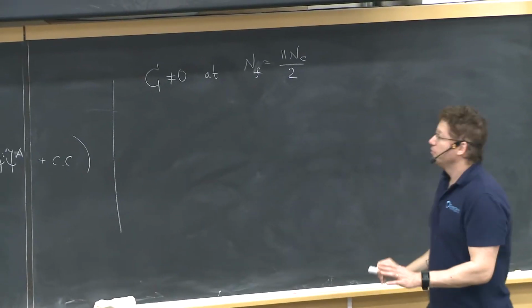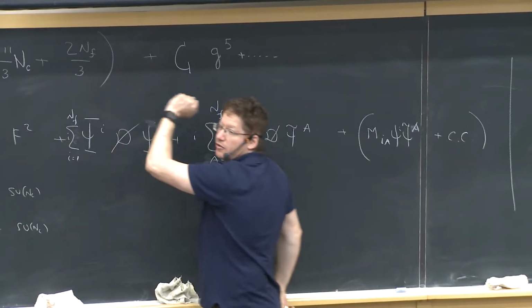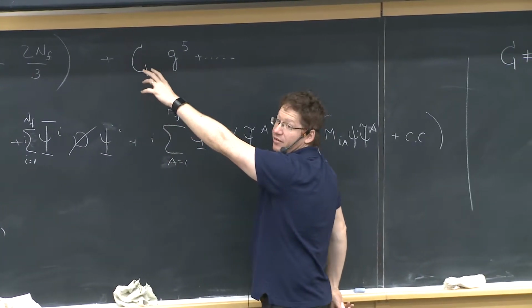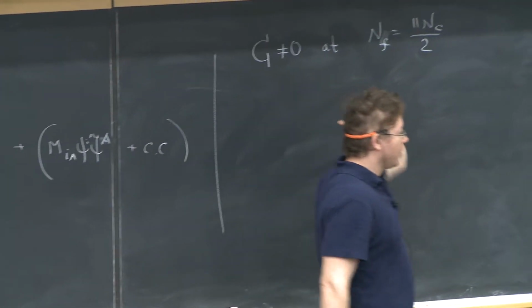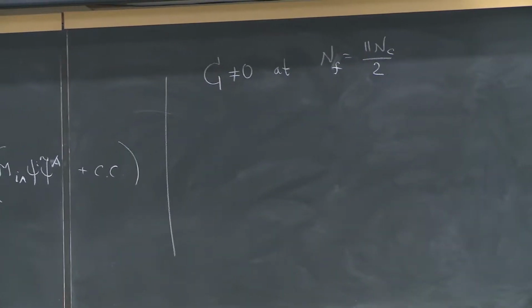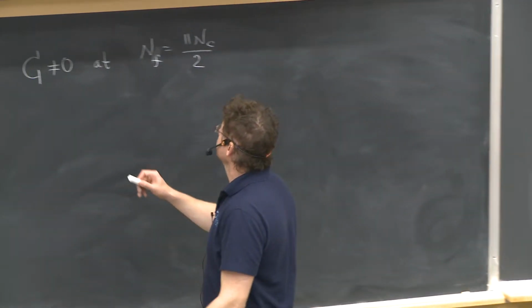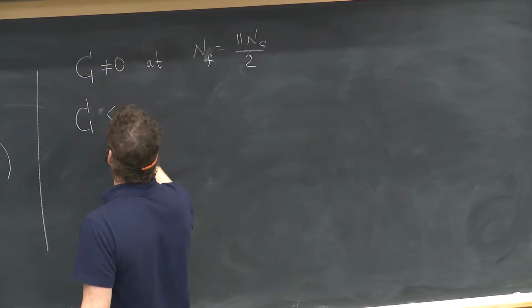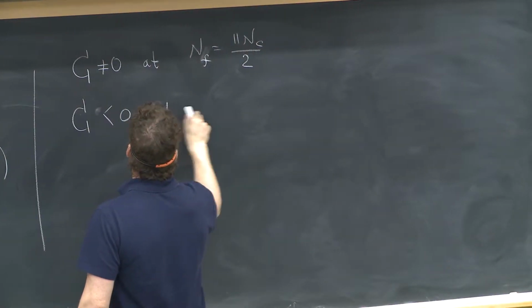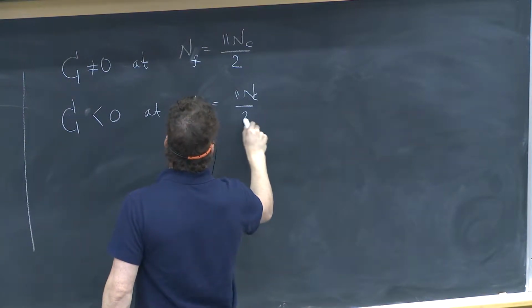So I'm just going to assume that this vanishes at some particular value, but there is no reason to expect that this vanishes at exactly the same value. So I'm just going to assume that it doesn't vanish. And then there are two options. Either it's positive at this point or it's negative at this point. Let's assume that it's negative at this point. So it's negative at NF equals 11 NC over 2.